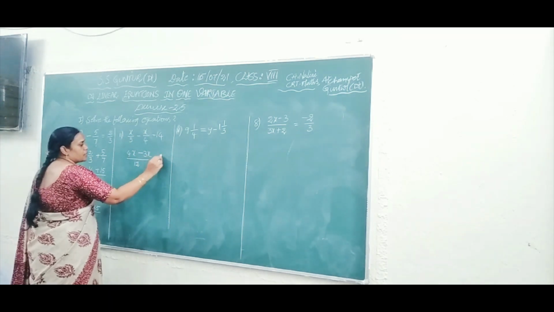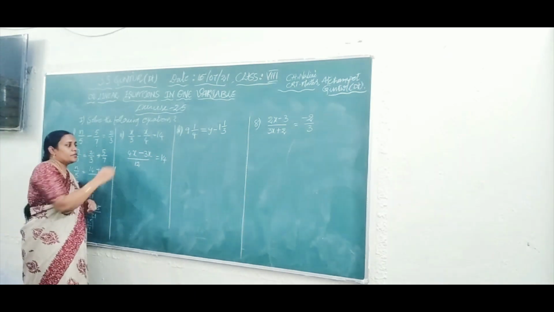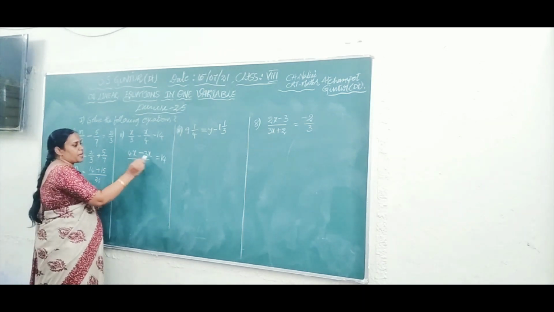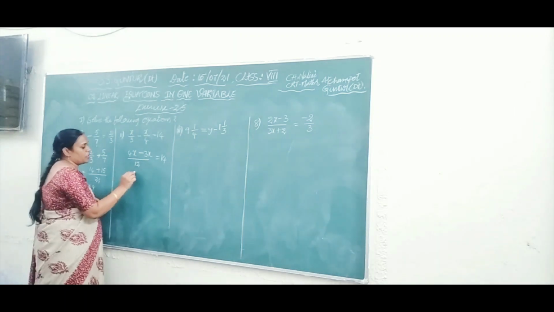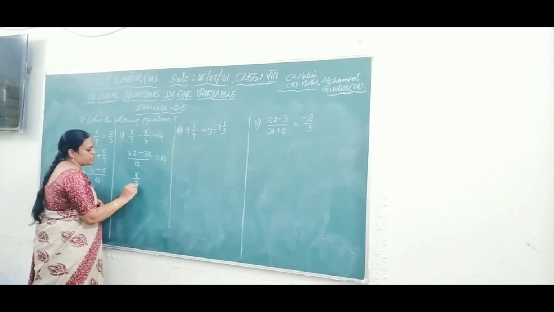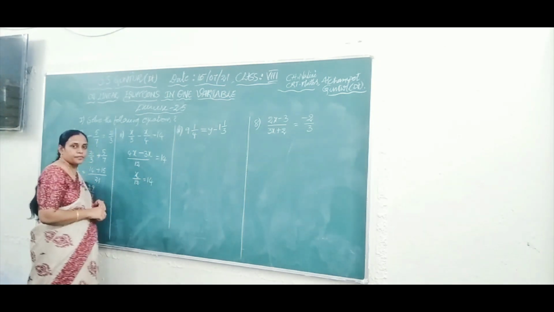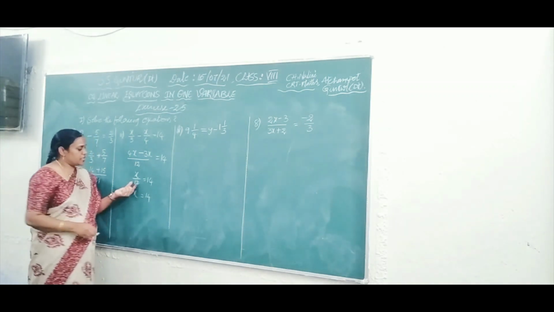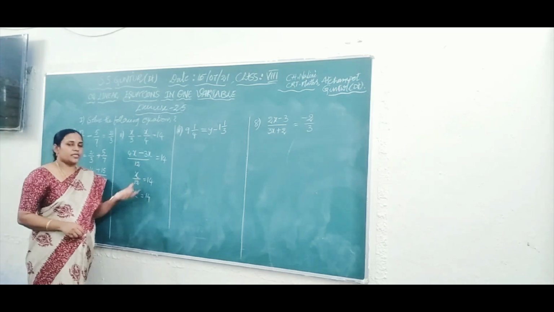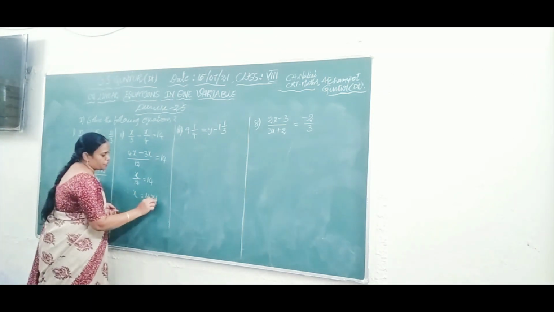Subtract these two: 4x minus 3x, how much? 4 minus 3 is 1. So we write x by 12 is equal to 14. Therefore, x is equal to 14. This is in divided position, so we get it to the other side in multiplication. So 14 into 12. Therefore, x is equal to 14 12s are.